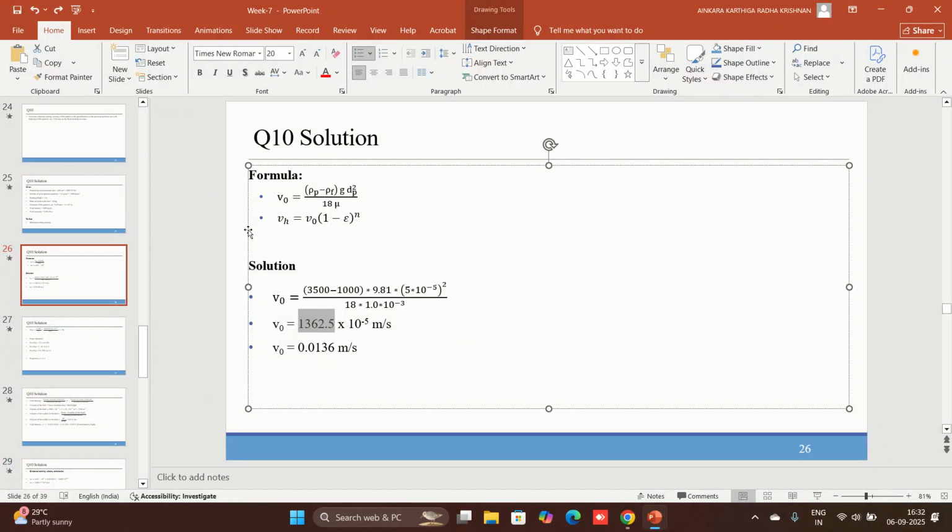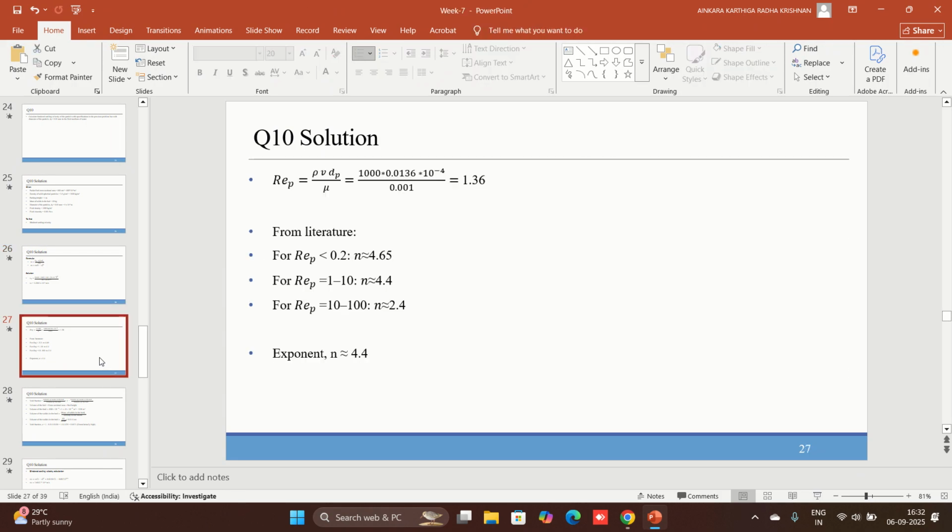So it is 3.4063 into 10 power minus 3 meter per second. Since these were clumsy values, we are just changing them, nothing else.